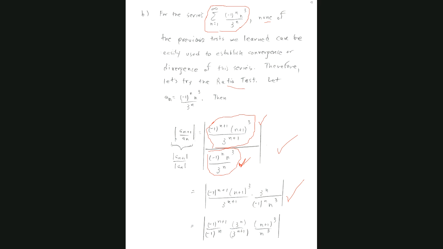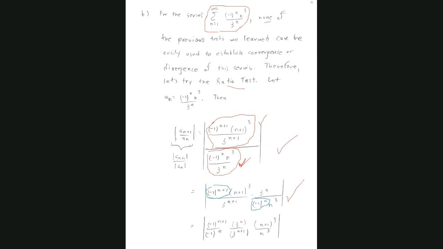I have a -1 to the n plus first power in here, and here I have a -1 to the nth power. It makes sense to rewrite the fraction having those expressions over each other.